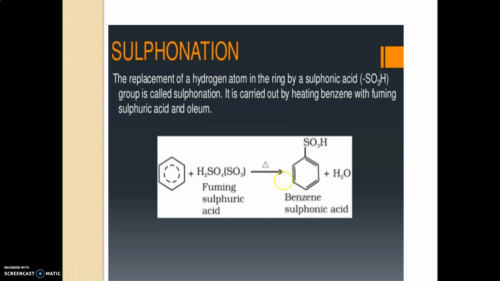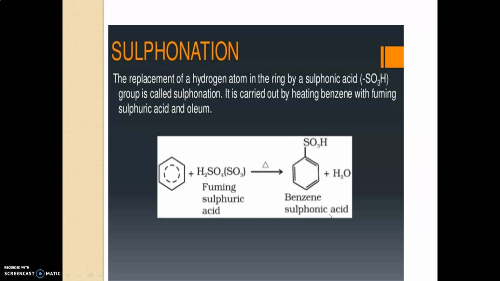Sulfonation: if benzene is treated with sulfuric acid, we get a sulfonyl group attached here, giving benzene sulfonic acid. So if we check the electrophilic substitution reaction, it is very easy to convert benzene into many compounds. It is a very important organic reaction, so we have to study these things.